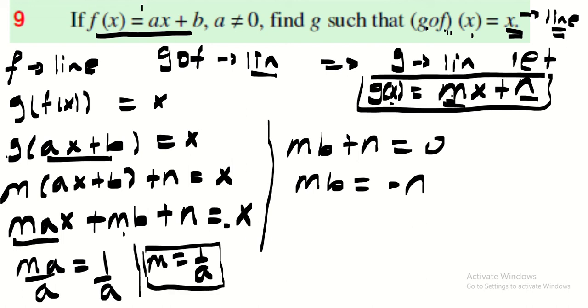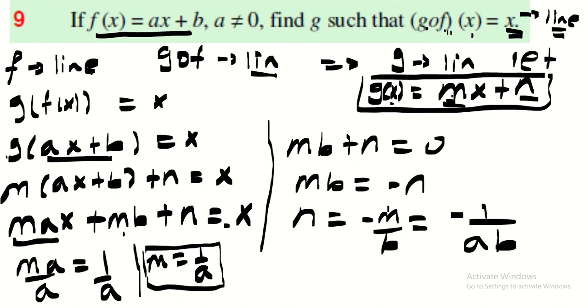We have to consider them as already known numbers. We can take f of x as a given function, and then from this we can get the m value. We got it already, so our objective is to get n. So n is equal to negative mb, which is, what is m? 1 over a.